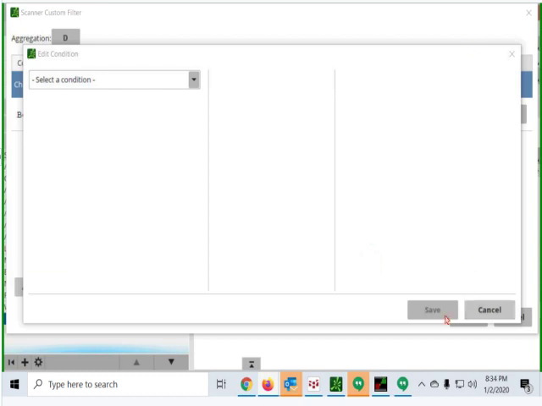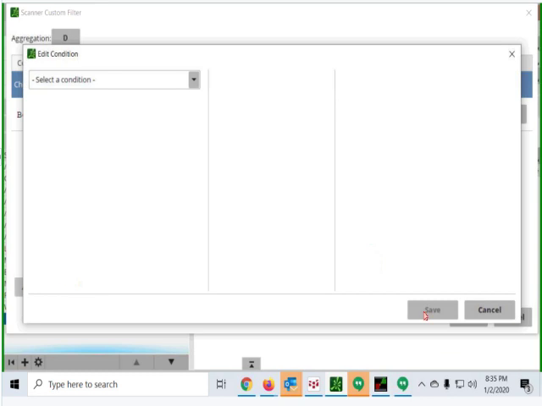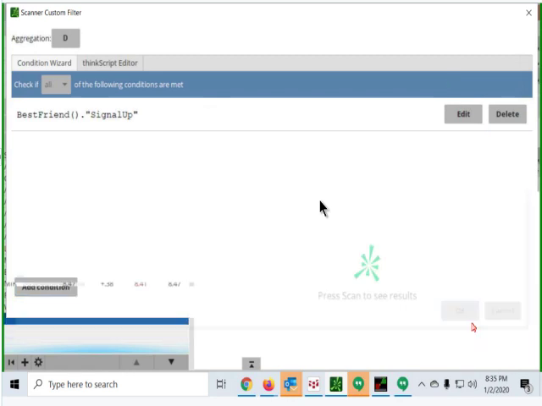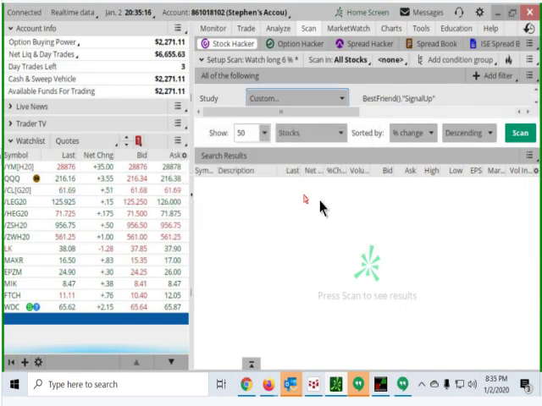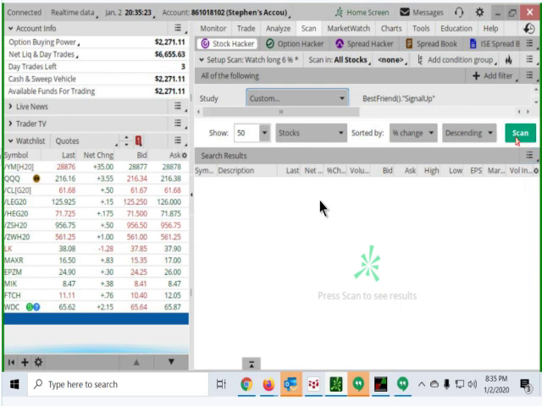All right, so I think I've done this. Add condition. I'm just trying to go through this real quick. Save. Okay, there's the best friend signal. Let's see if I can do a scan for it real quick.